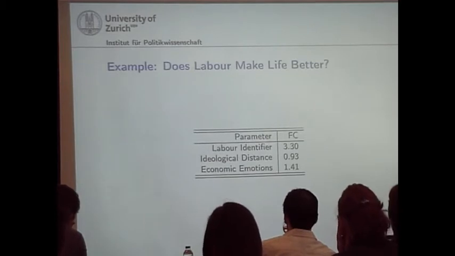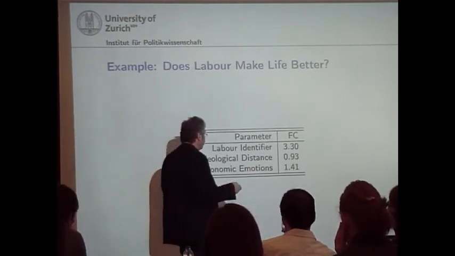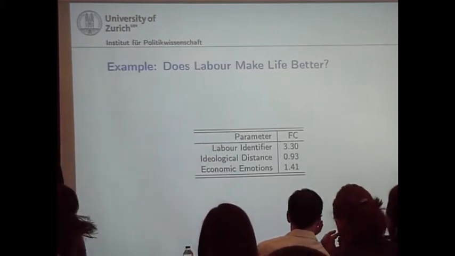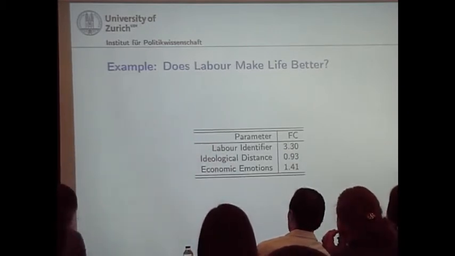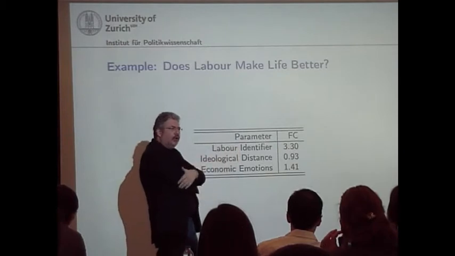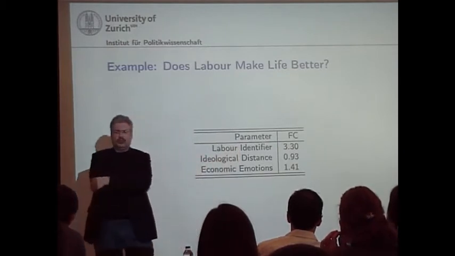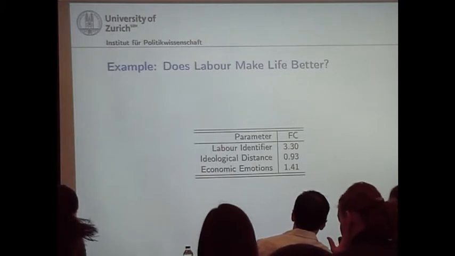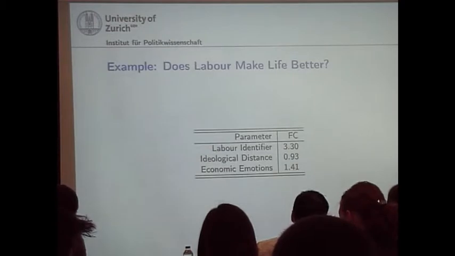So here are the odds ratios, and we actually see a pretty substantial effect of labor identification. It's sort of trivial, but the odds of picking a higher category, tending to agree more with a statement as opposed to the lower category, increase by a factor of 3 when you compare non-identifiers to identifiers.